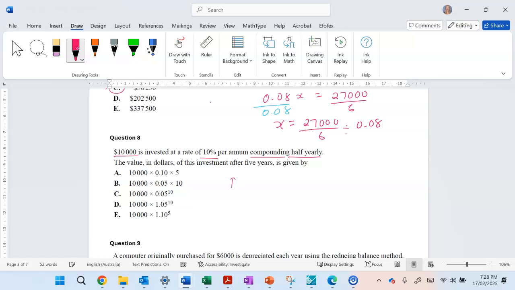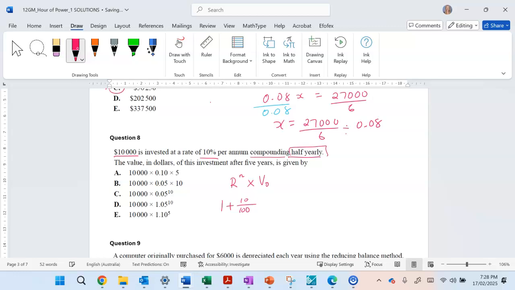So your rule is R to the power of N times V0. That should be on your formula sheet. So R is 1 plus our annual interest rate, which is 10 over 100, times the compounding period.